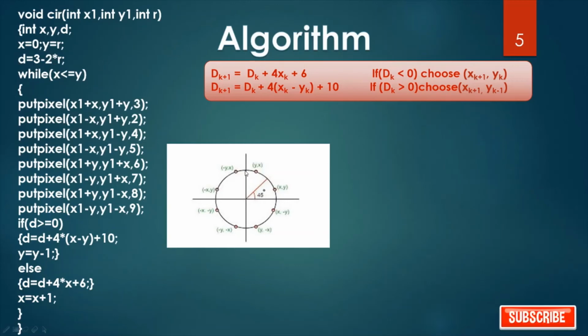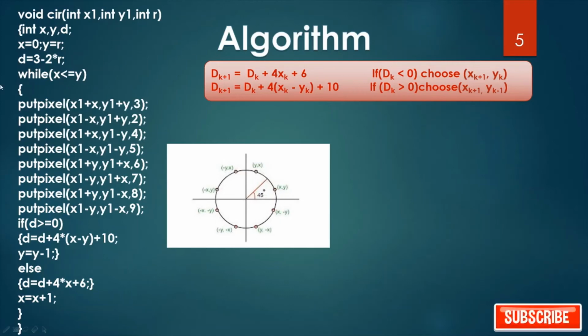So I start plotting our points till the value of x equals y, meaning till the completion of the first octant you have to increase x and calculate the corresponding y. And when the value of x equals y, then the first octant is completed. Then by combination you will get all the pixels of the remaining octants.